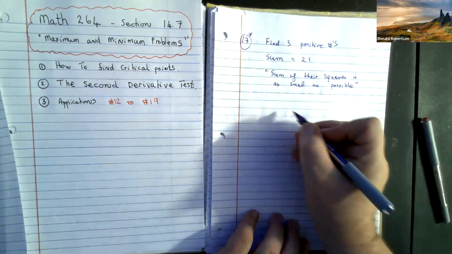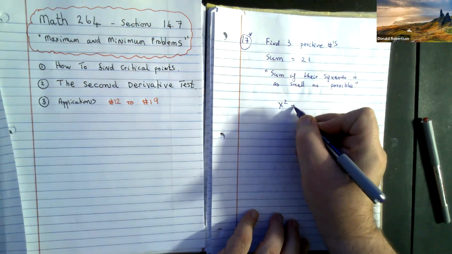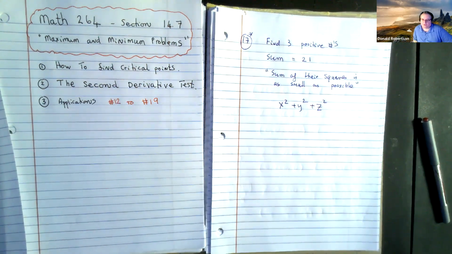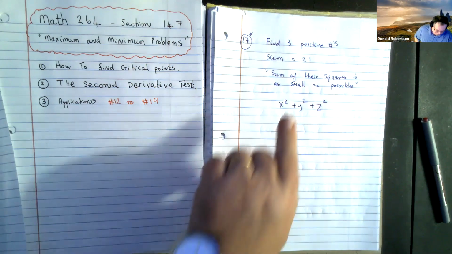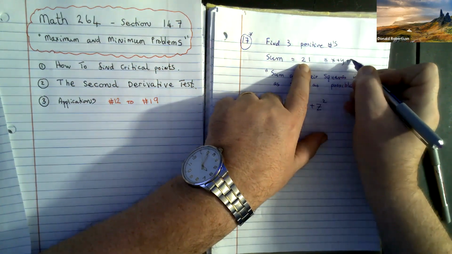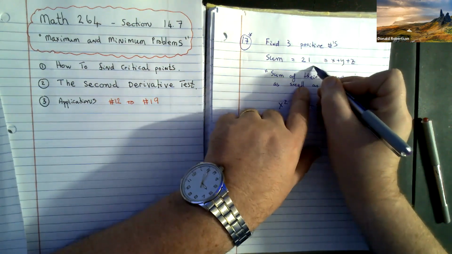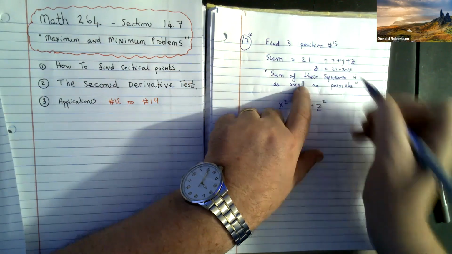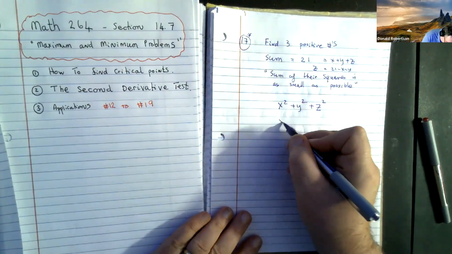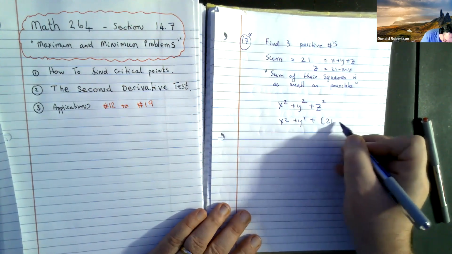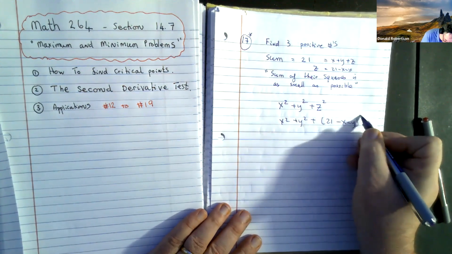So I'm going to find that guy. That's the sum of the squares. Now, since you tell me that the sum is 21, I can rearrange. Now I have x squared plus y squared, and instead of a z, replace it with something using x's and y's.